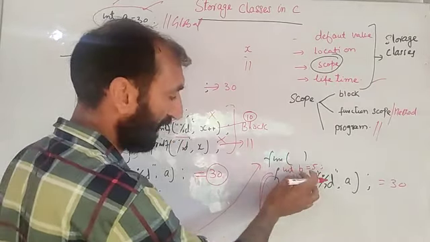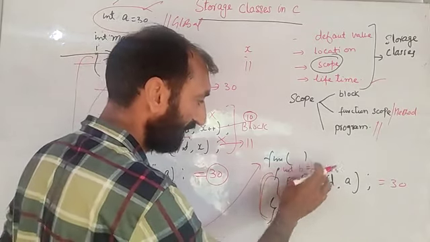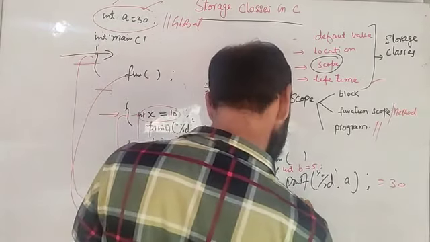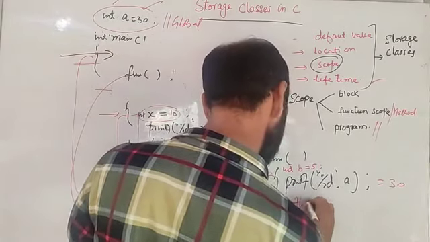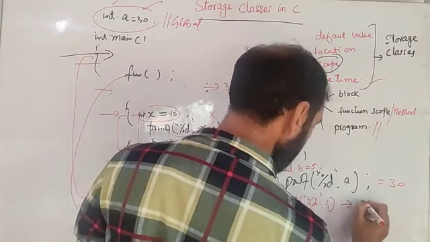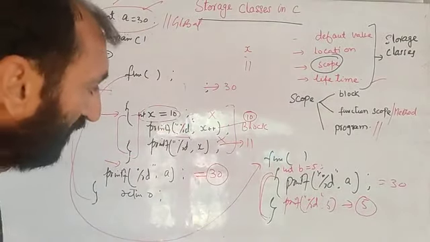That means here I have both declared and initialized it. Declaration as well as initialization of the variable takes place at the same time. After that, I am going to print this: printf percentage d, b, and it will print me 5.